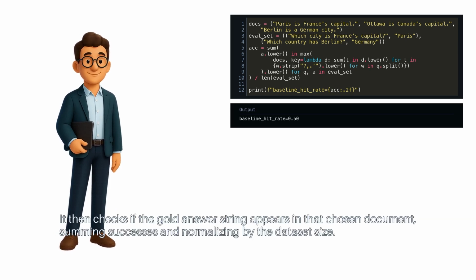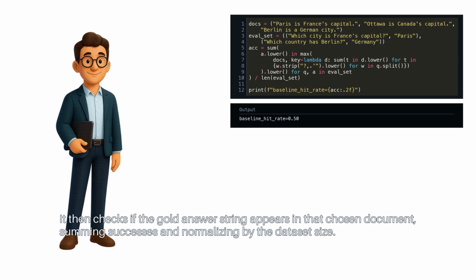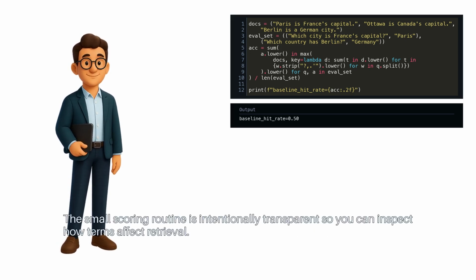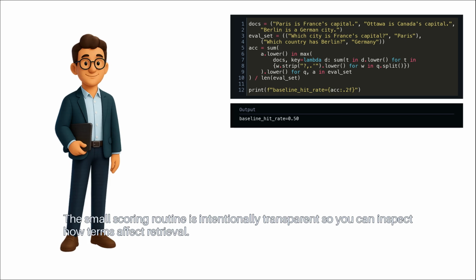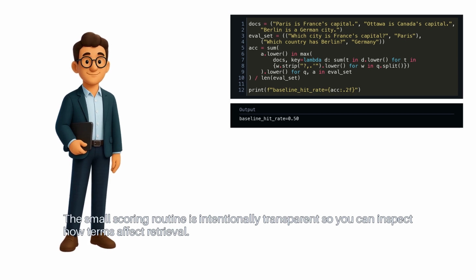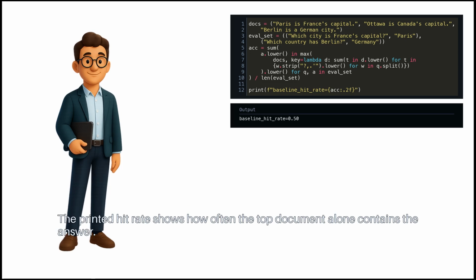It then checks if the gold answer string appears in that chosen document, summing successes and normalizing by the dataset size. The small scoring routine is intentionally transparent, so you can inspect how terms affect retrieval. The printed hit rate shows how often the top document alone contains the answer.